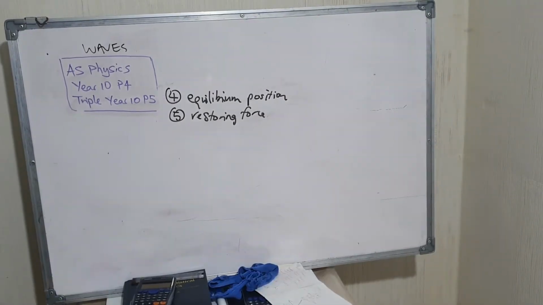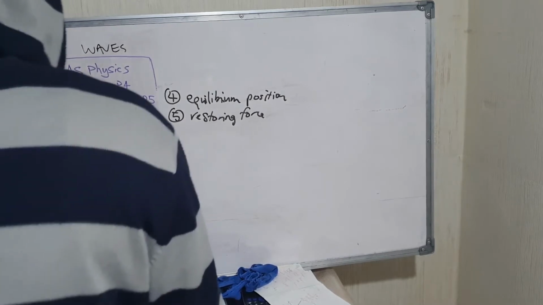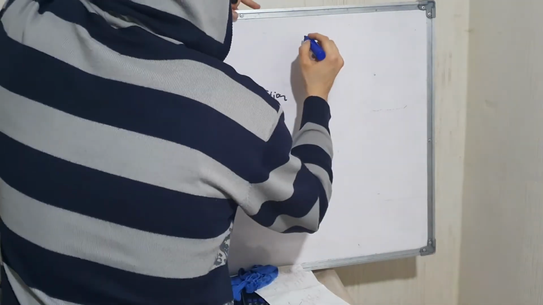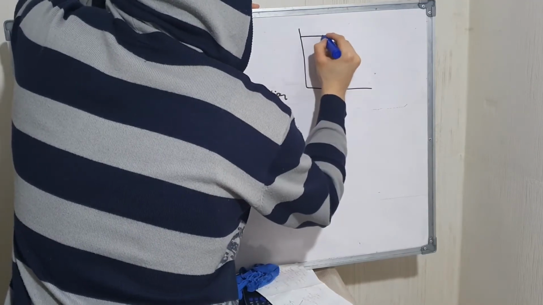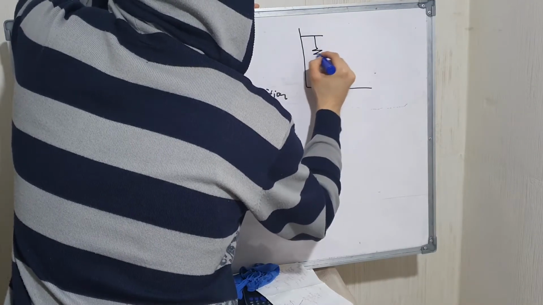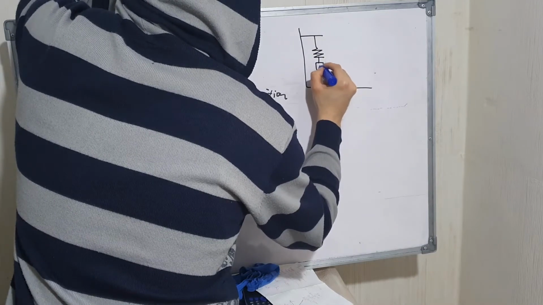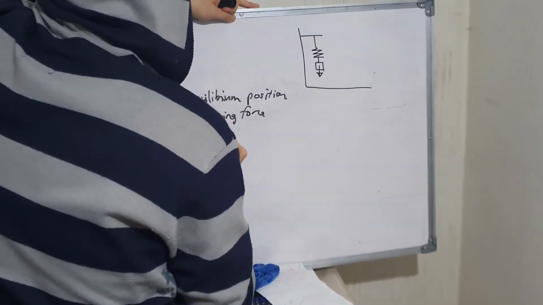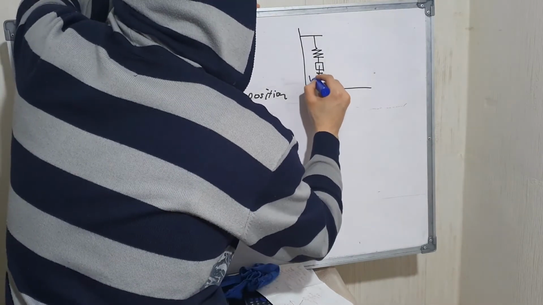All right, we still need to do two more terms. What is equilibrium position and what is restoring force? Right, so if we draw a spring, and let's hang a mass from it. What's the force acting down? It's not gravity, it is weight.